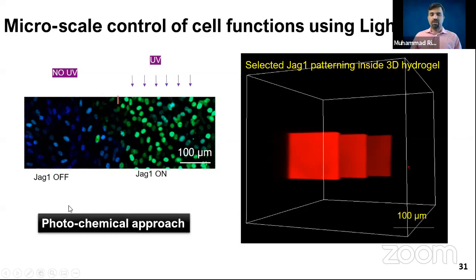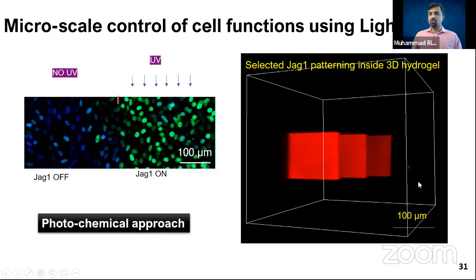We can have a photochemical approach, and we showed that we can turn on and turn off those signals by simply shining light on them. When we shine UV light on it, we can initiate that signaling that converts cells towards a different lineage. But when we don't shine UV light, the protein signal is still off and cells are not differentiated.